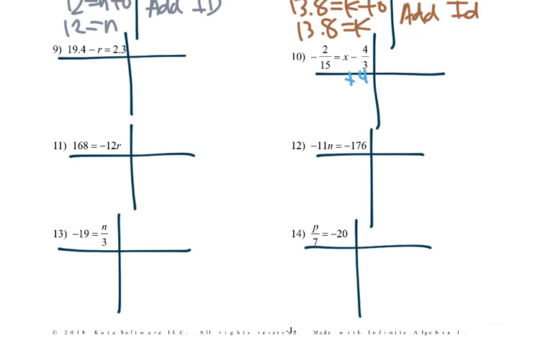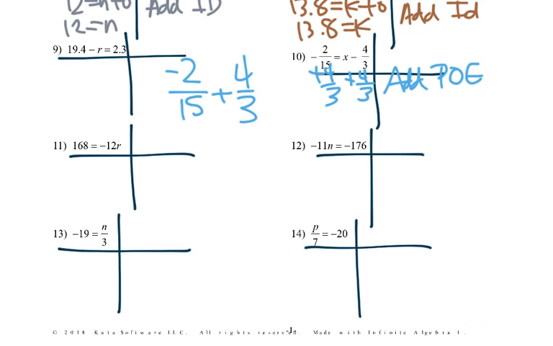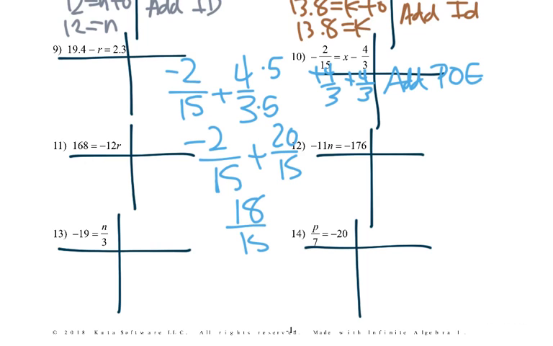We can add 4/3 to both sides. Now if we're not good with fractions and adding, we can definitely use a calculator. We can do this because of the addition property of equality. But I need to get 3 to be 15, so I times this one by 5, giving me negative 2 over 15 plus 20 over 15, which would be negative 2 plus 20 is 18 over 15.